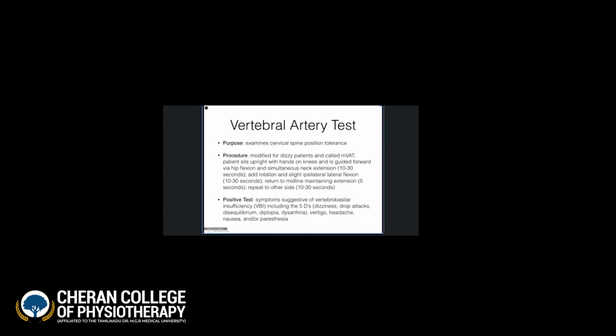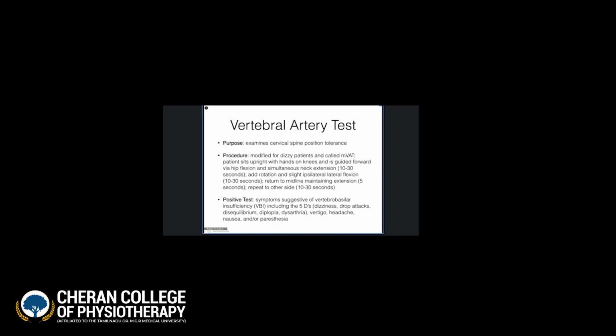Next is the vertebral artery test. One is the cervical stability. The second which we are going to perform is the vertebral artery test. In this objective examination, always before starting the vestibular assessment, you have to do the vertebral artery test.